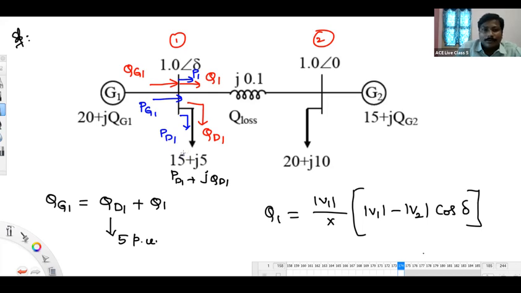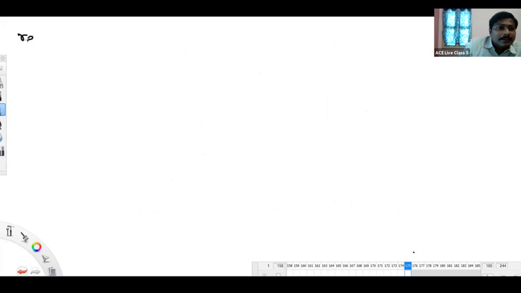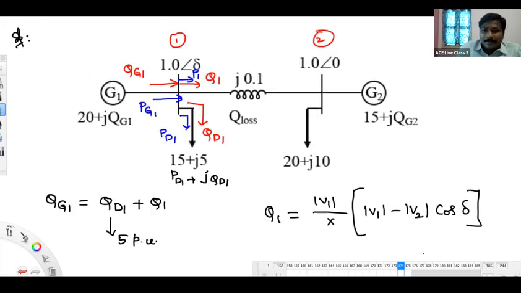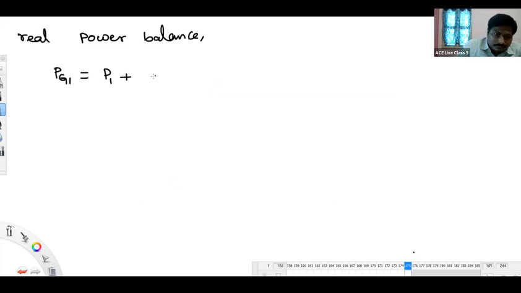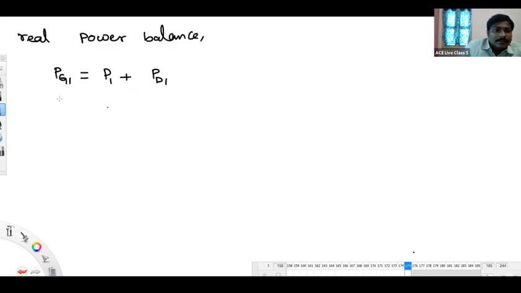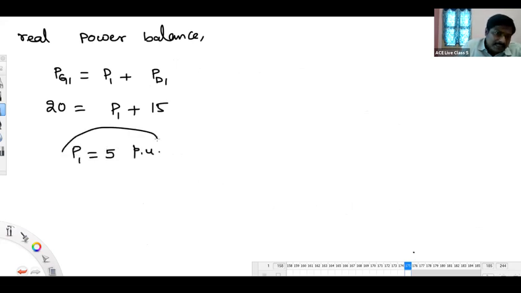So I can write by real power balance at bus 1: PG1 injection equals P1 plus PD1. What is the PG1 value? 20. PD1 is 15. So the value of P1 is 5 per unit.